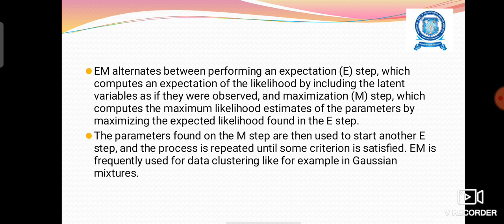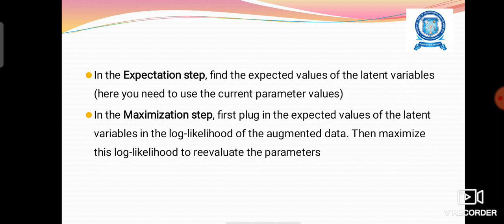EM alternates between performing an expectation step, which computes an expectation of the likelihood by including the latent variables as if they were observed, and a maximization step, which computes the maximum likelihood estimates of the parameters by maximizing the expected likelihood found in the E step. So in the expectation step, it will find the expected values of the latent variables.